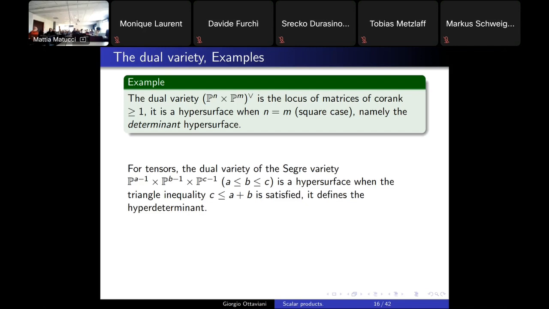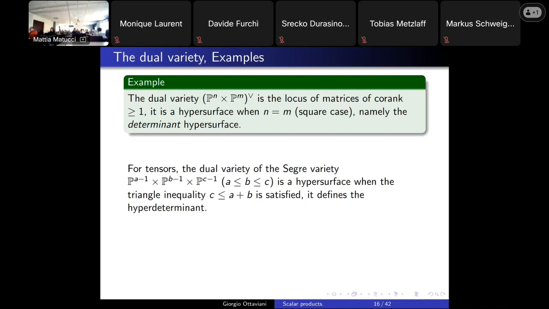And maybe the well-known example is what happens in the binary case. This is called the quantum space of a qubit with 3 modes. The dual is a hypersurface of degree 4.